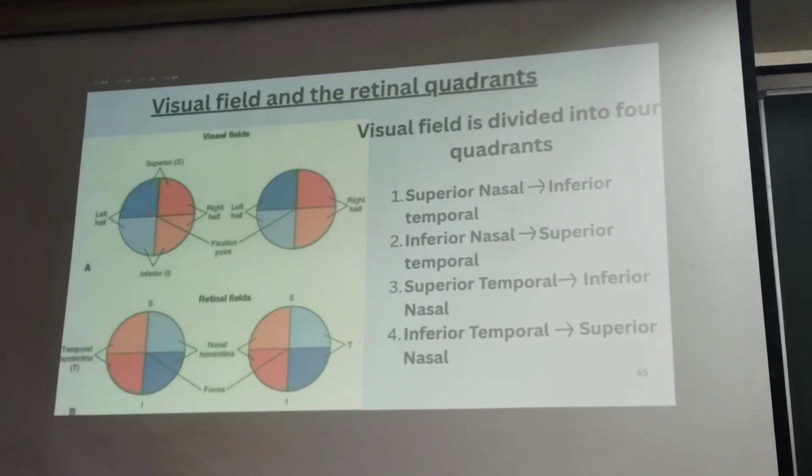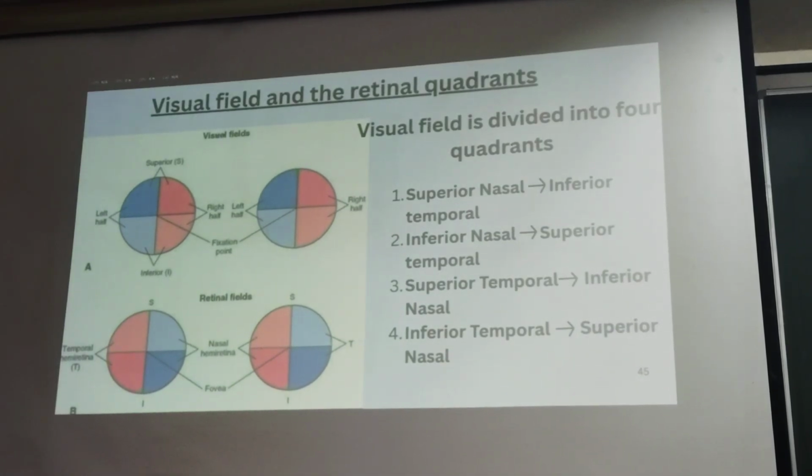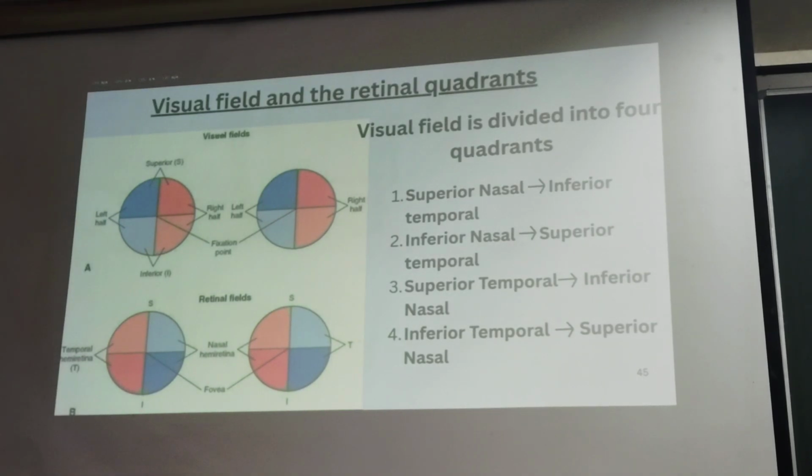Now, when we perceive this on the retina, these quadrants get completely changed. What I mean to say is, the nasal will become temporal and vice versa, that is, temporal will become nasal, and along with that the superior one will be interpreted as the inferior and the inferior will become the superior. Let's consider one quadrant.